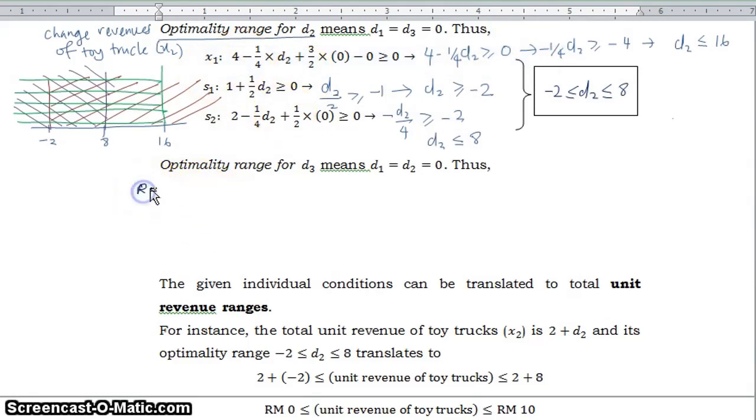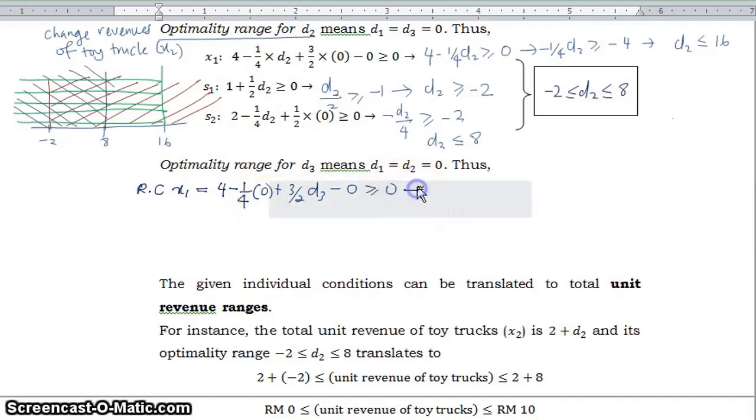Reduced cost of X1 is equal to 4 minus 1 over 4 D2, which is 0, plus 3 over 2 D3 minus D1. D1 is 0.